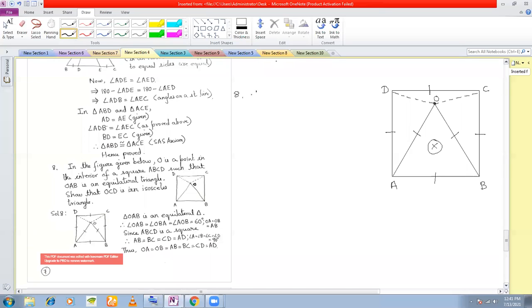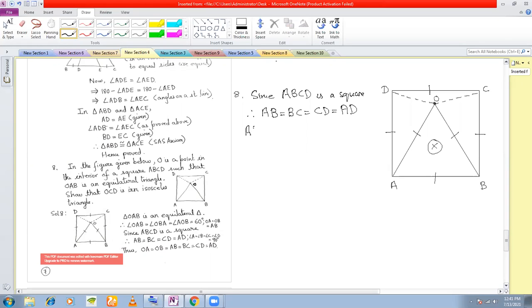Since ABCD is a square, therefore AB must be equal to BC, must be equal to CD, must be equal to AD.